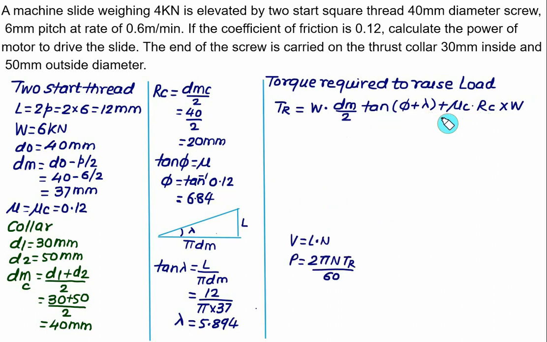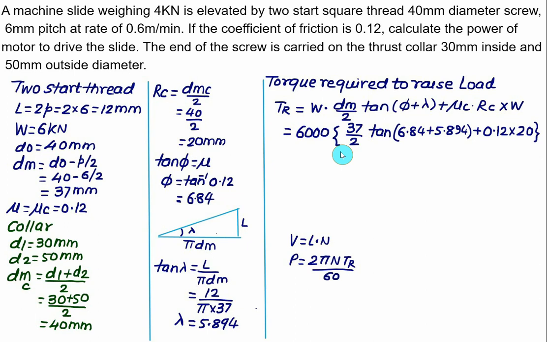We can calculate Tr. So we have W is common and we have W quantity is same as equal to 6 kilonewton. 6 kilonewton is 6000 into dm by 2. We have dm value is 37. So we have 37 divided by 2 into tan of phi, phi is 6.84 plus lambda is 5.894, plus we have mu c is same as mu, 0.12, into Rc, that is the mean radius of collar, is 20.